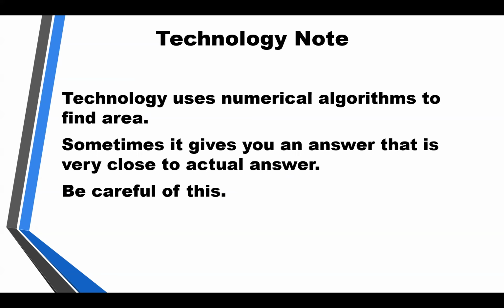In particular, the way our calculator does it uses those numerical algorithms. Sometimes that gives us the exact answer, but other times it will give us an answer that's really, really close to the exact answer. And so just be careful, be aware of that.